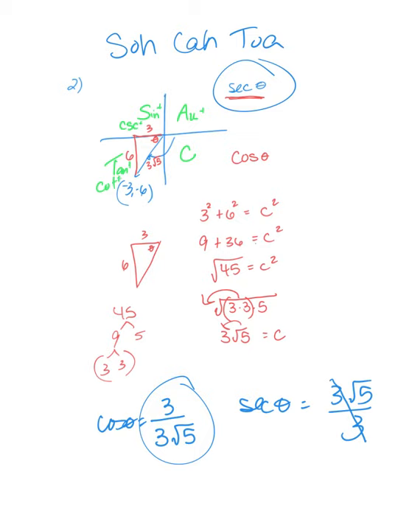And in the fourth quadrant, cosine is positive and secant is positive. So since we're in the third quadrant and we're looking for a secant, it has to be negative because only the tangent and the cotangent are positive. Okay? We're going to practice that a little bit.